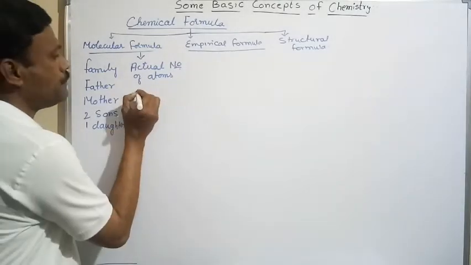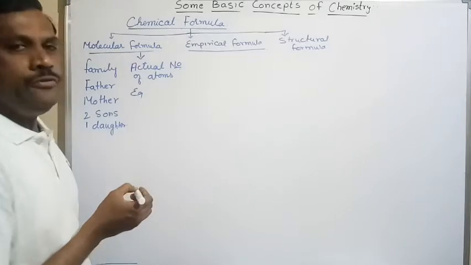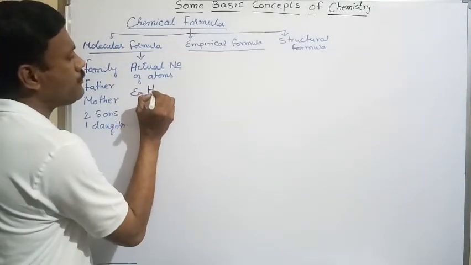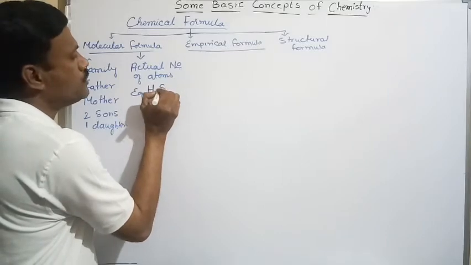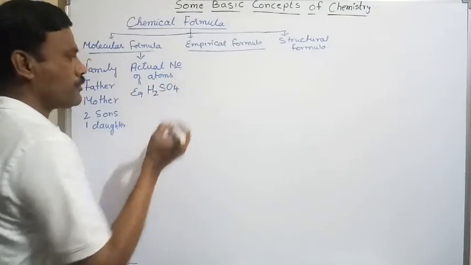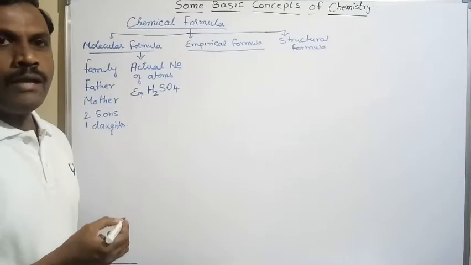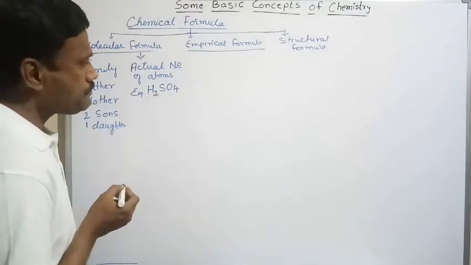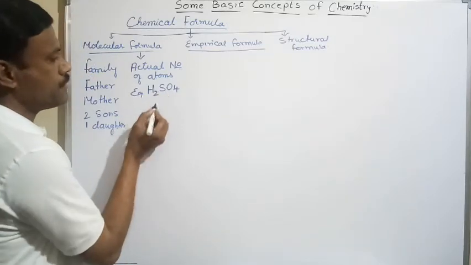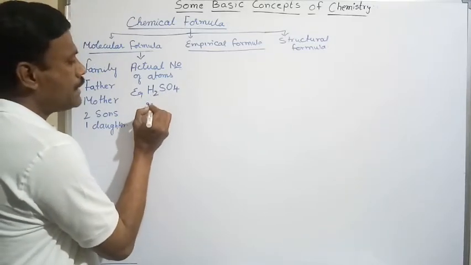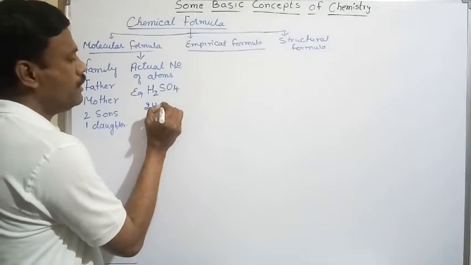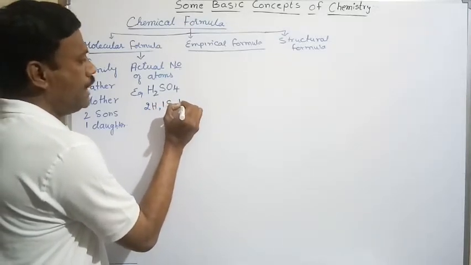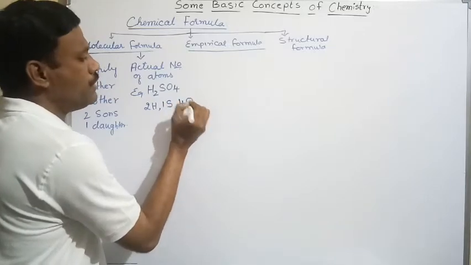For example, sulfuric acid has the molecular formula H2SO4. So one molecule of sulfuric acid contains two atoms of hydrogen, one atom of sulfur and four atoms of oxygen.